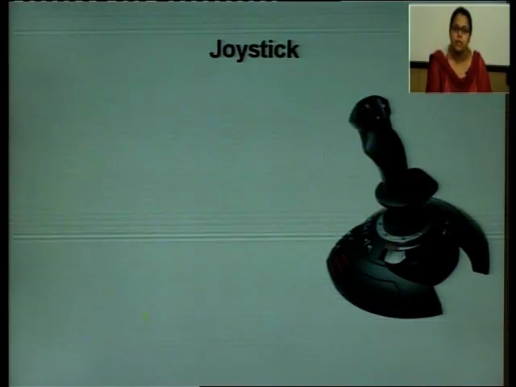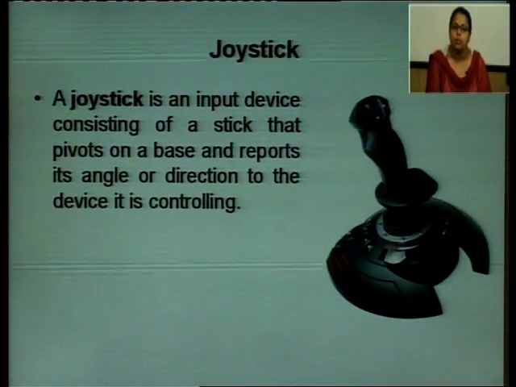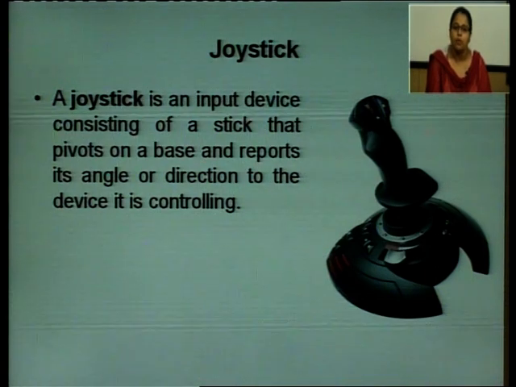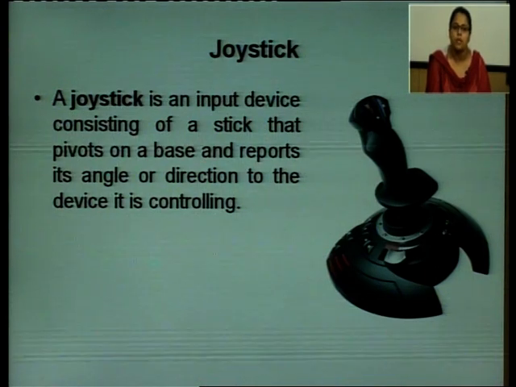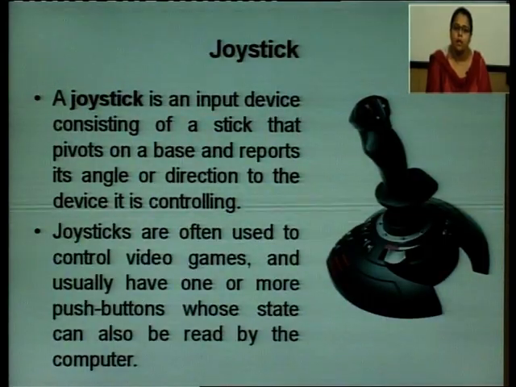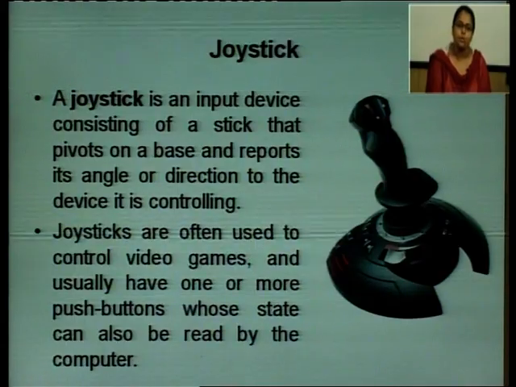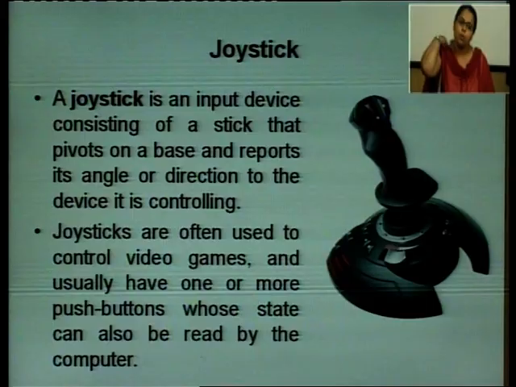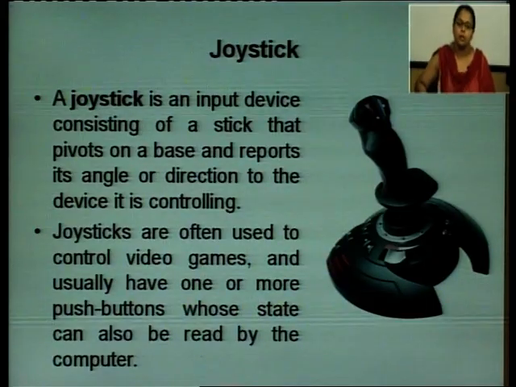Next is the joystick. It is an input device consisting of a stick that pivots on a base and reports its angle or direction to the device it is controlling. Joysticks are often used to control video games and usually have one or more push buttons whose state can also be read by the computer.